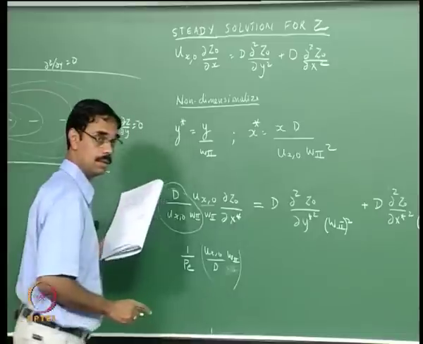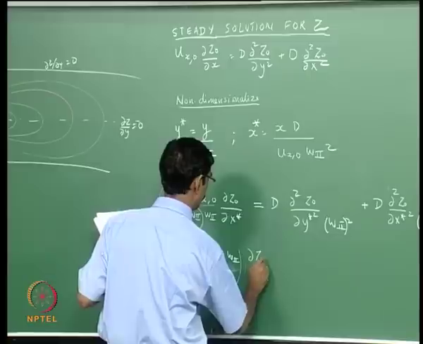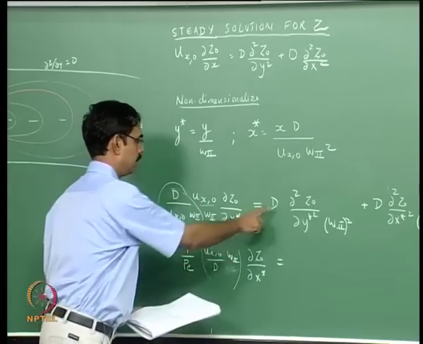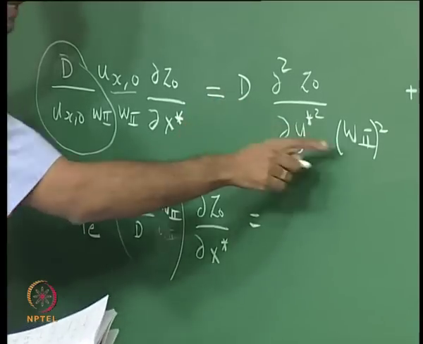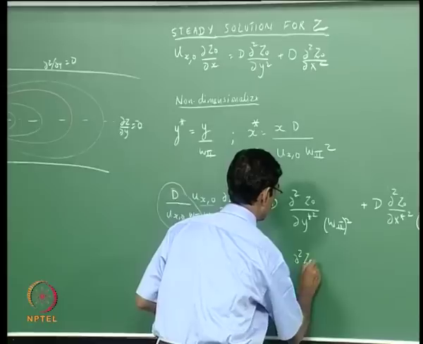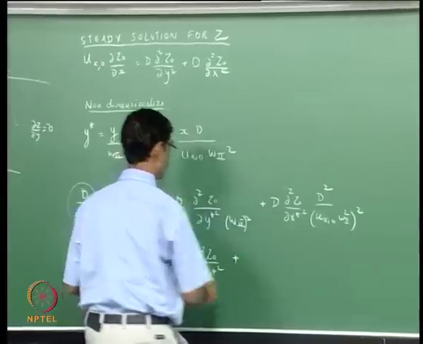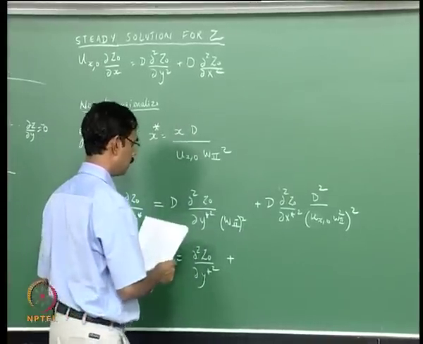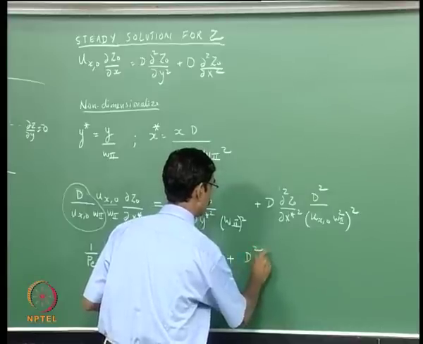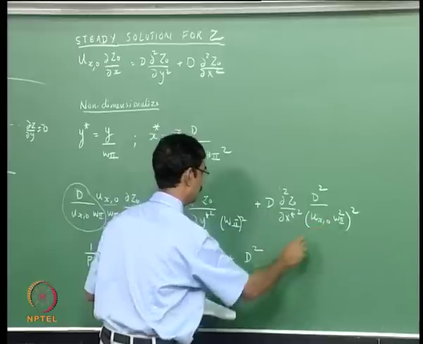This is like the Peclet number, right? So I have divided by D and multiplied by W2. So all I have here is the second derivative with respect to y star, plus I took out one D, so I have the square left and I removed W2 squared.